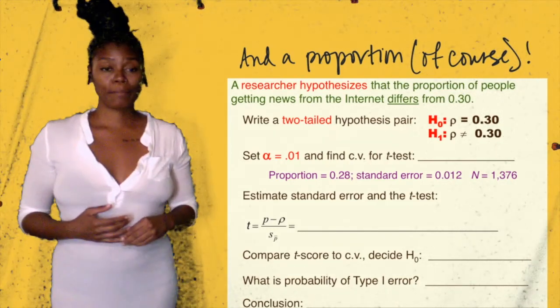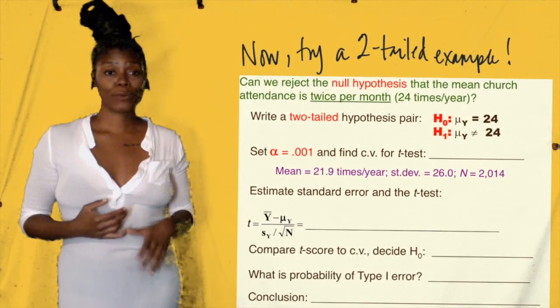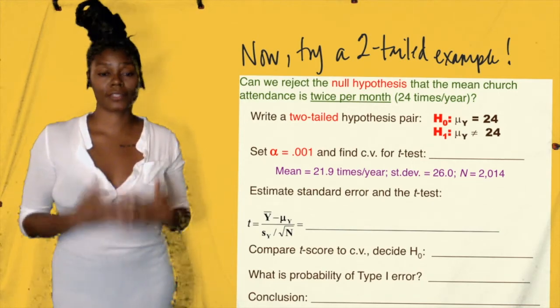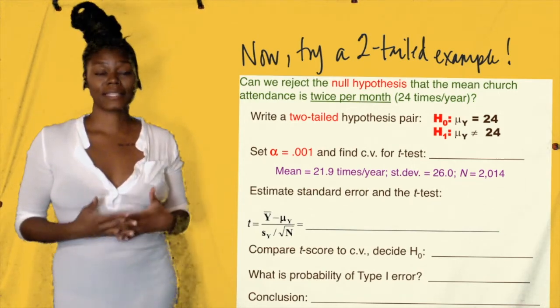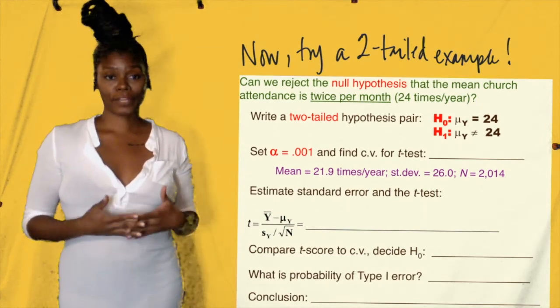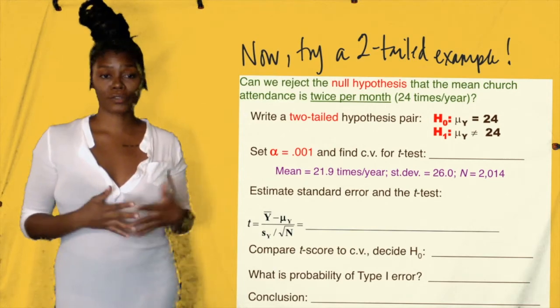And last, but definitely not least, because it is a bit more complex, let's try a two-tailed hypothesis test example. This is the last example that I have for you today, so you can stop the video here, spend as much time as you need trying to answer this question.